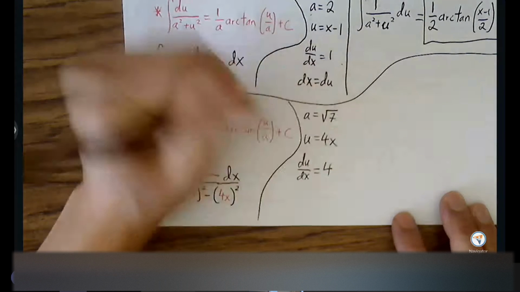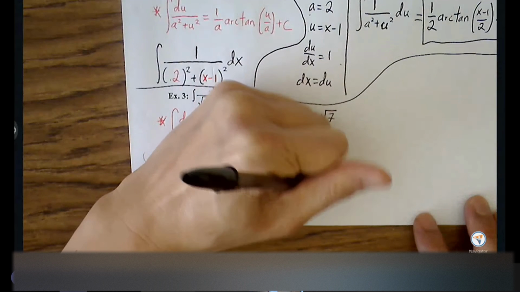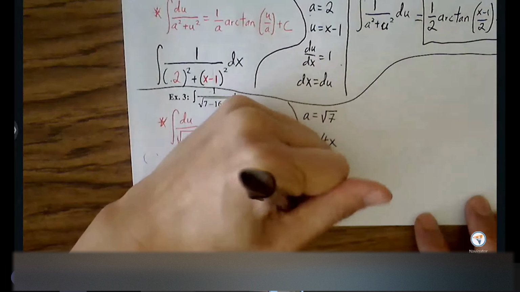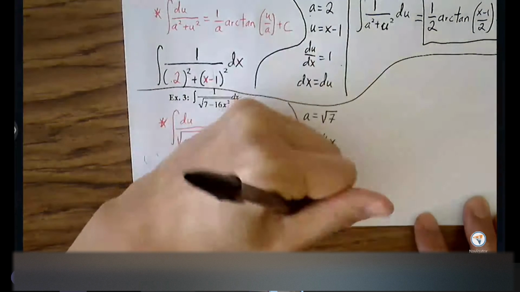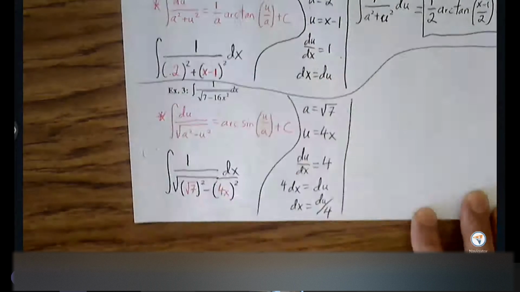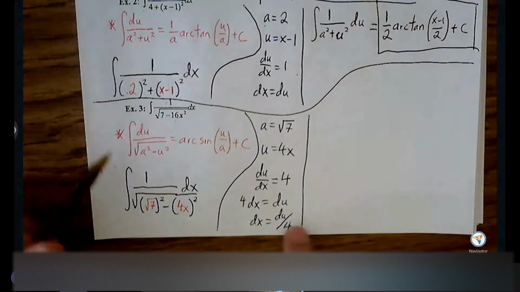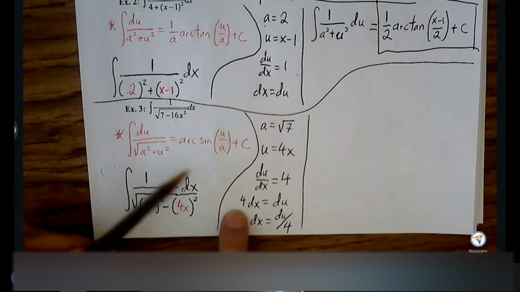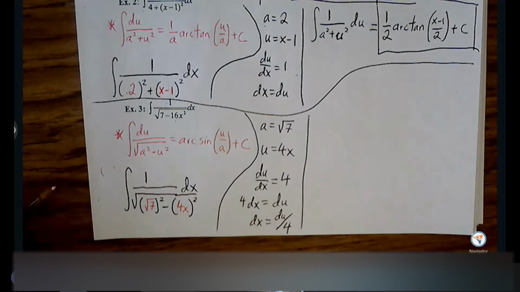So du dx equals 4. Okay, so I have dx equals du over 4. Now, piece by piece, I'm going to take my problem and replace every a and u that I find, replace dx.